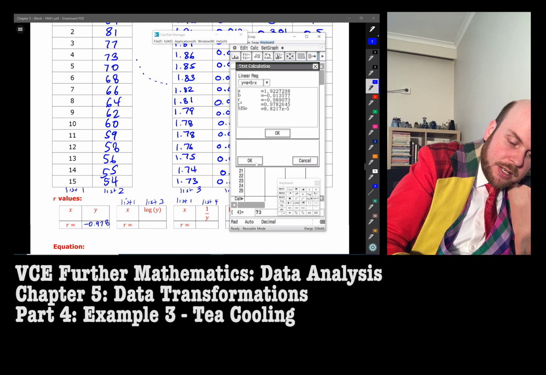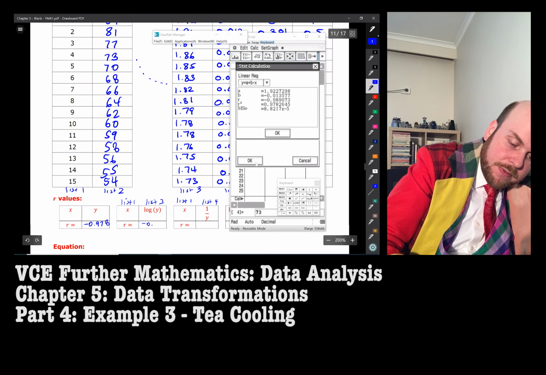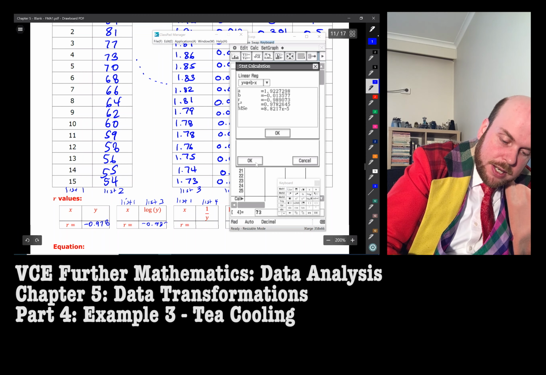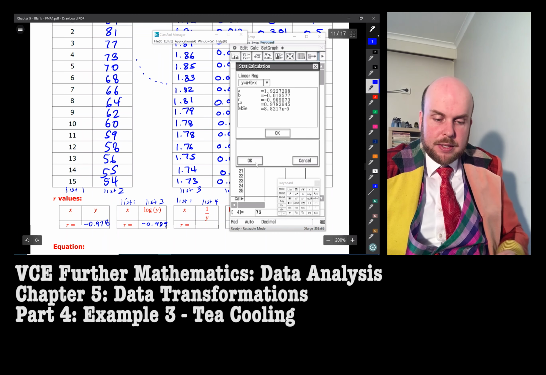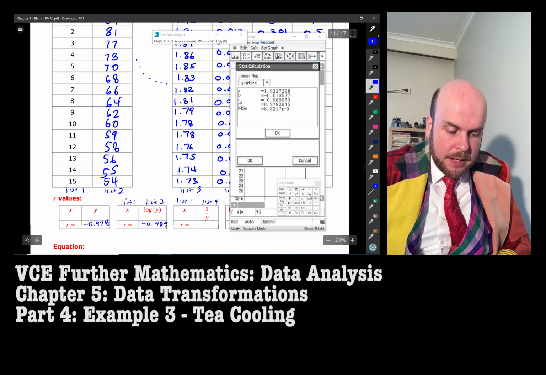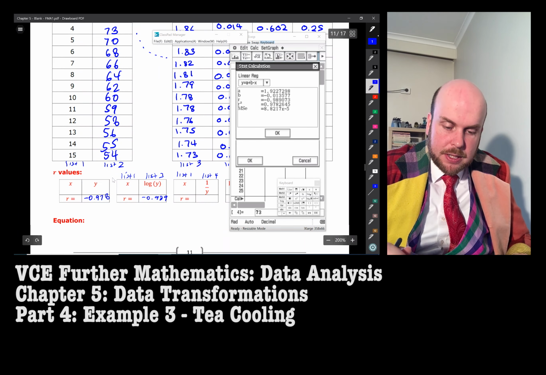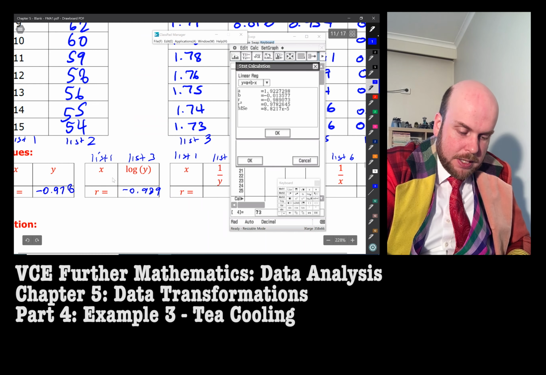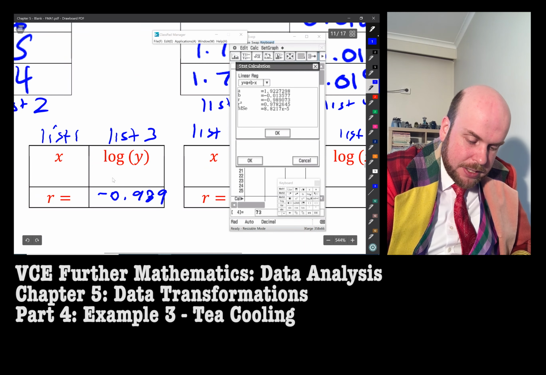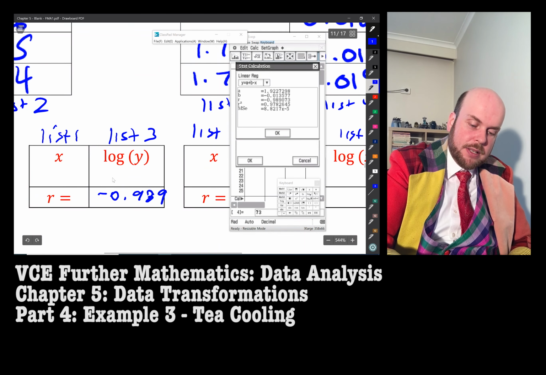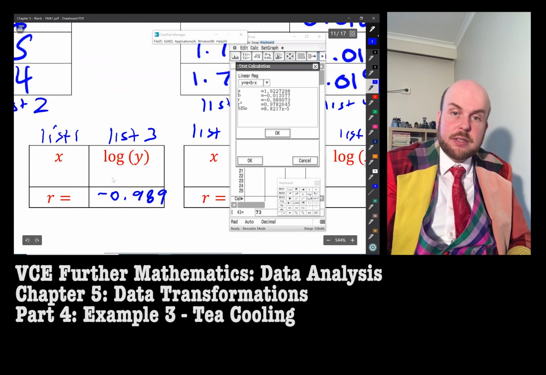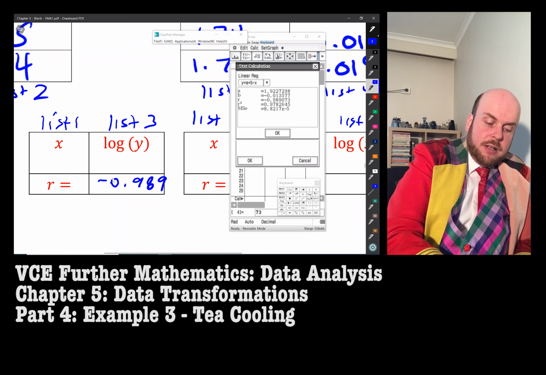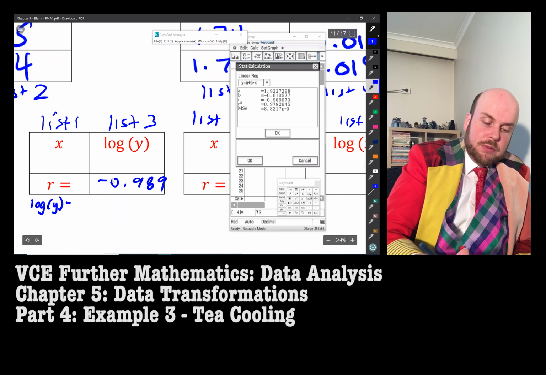R value is negative 0.989. I'm just going to zoom in there, because I just realized my 8's looking a bit scruffy. 0.989.